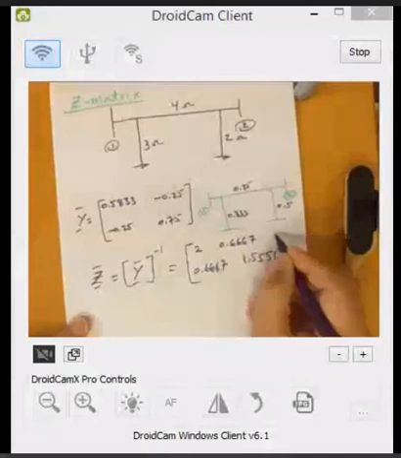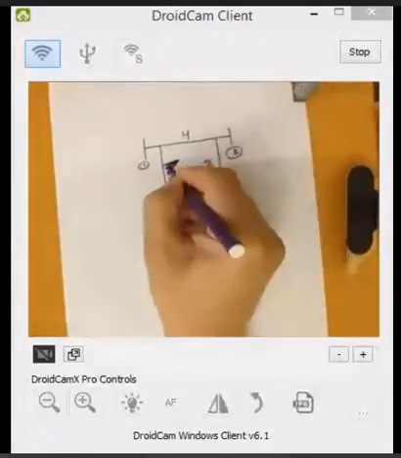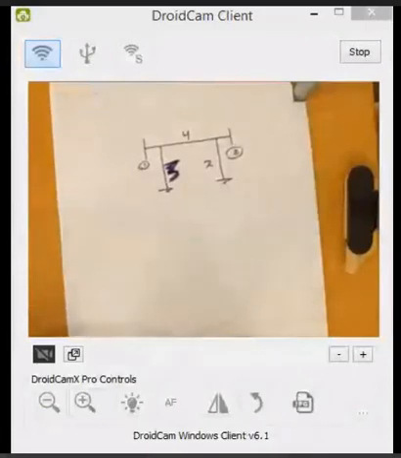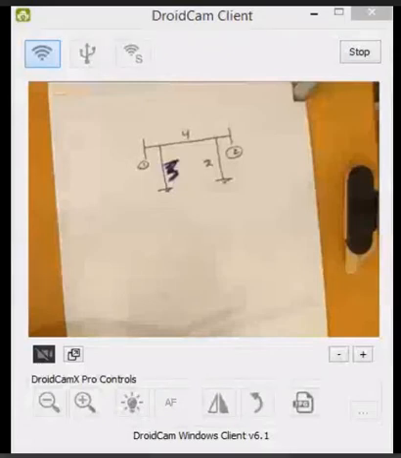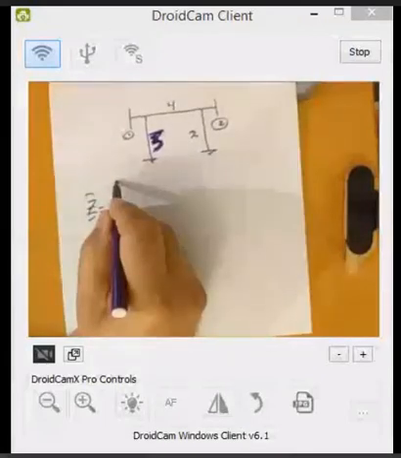Way number 2 is by injecting current. We know that Z is equal to a 2 by 2 matrix. So inject current here, 1 ampere.